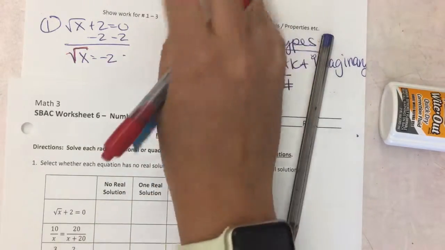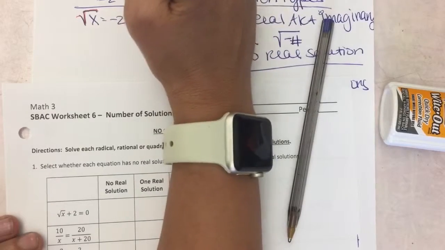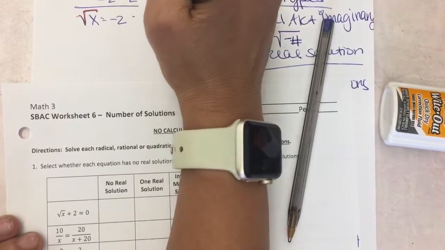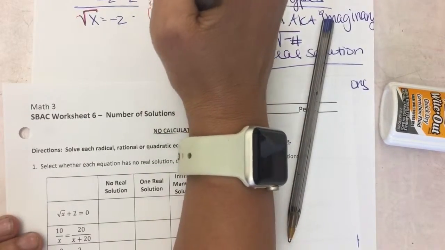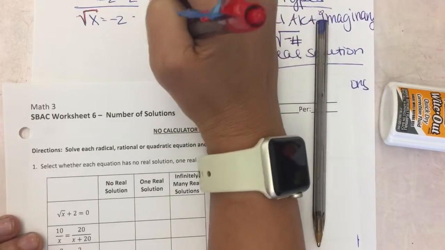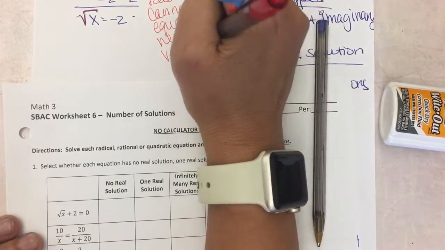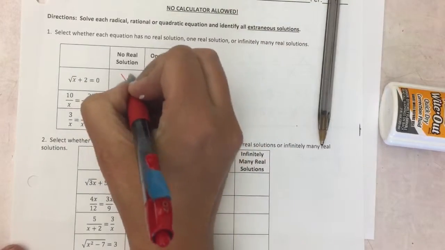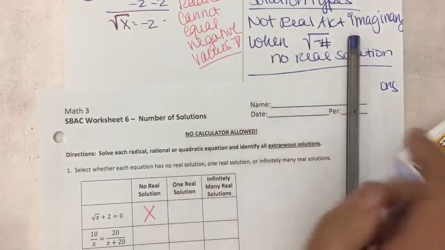So this one would have no solution. Radicals cannot equal negative values. Neither can absolute value. So I would say no real solution, even though it's not imaginary either, it's just not a real solution.